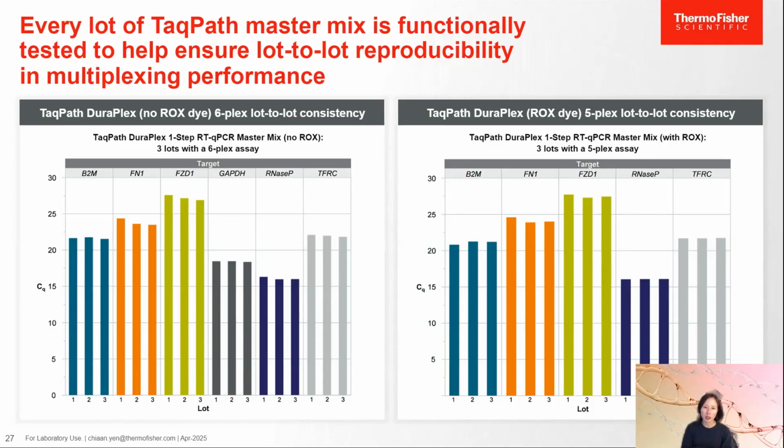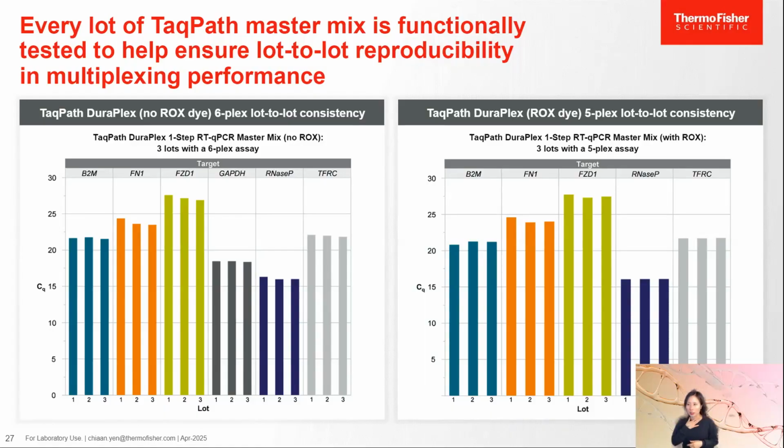And we have 3 independently manufactured lots of the master mix tested side by side. And you can see that the 3 lots of master mix performed very consistently across all the targets that are looked at in the multiplex reaction.